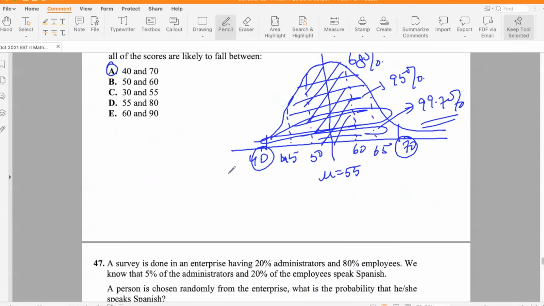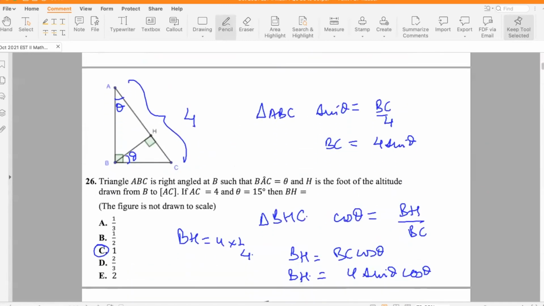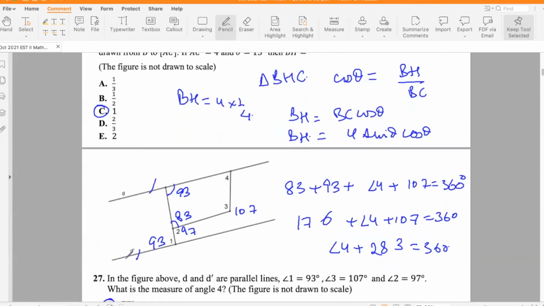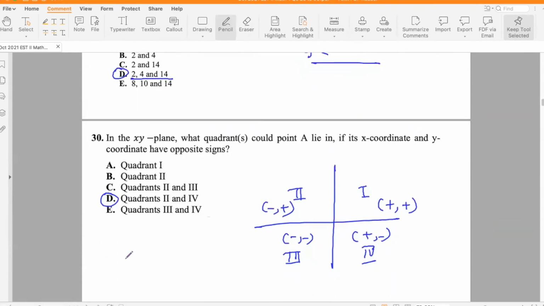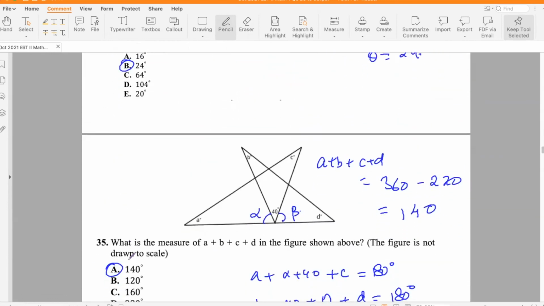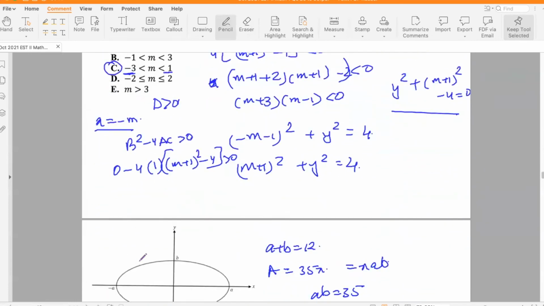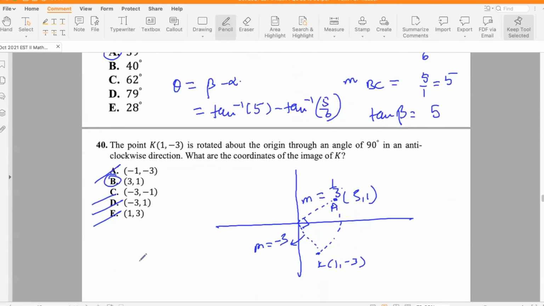Okay, let's grade this. 26, CABDD. Okay, 31, AEABA. 36, DCCAB. 41, ABDCC.